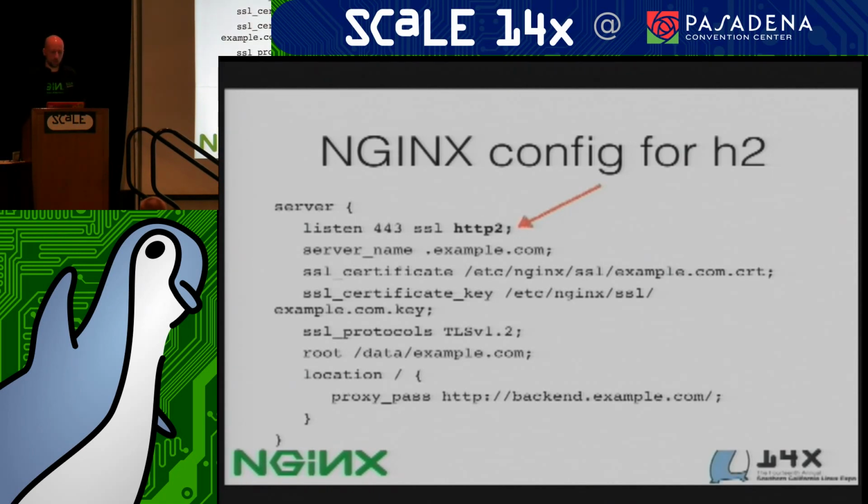For your listen parameter, where you have your port number and the protocol, you need to add http2 together with the ssl parameter. Basically, that's pretty much it. So for the SSL certificate and the keys, you should definitely use more security than is shown in this example.